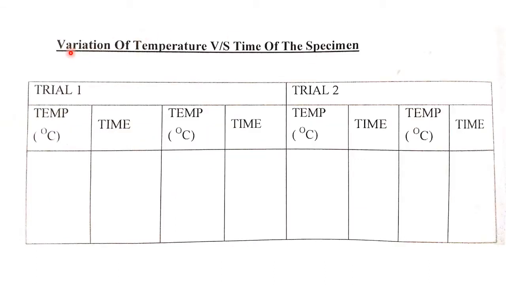Next, while conducting the experiment, we are going to note down the variation of temperature of the specimen with respect to time. That means for every 30 seconds we are going to note down the temperature of the copper specimen which we are using here, at various timings. So now let us conduct the experiment.